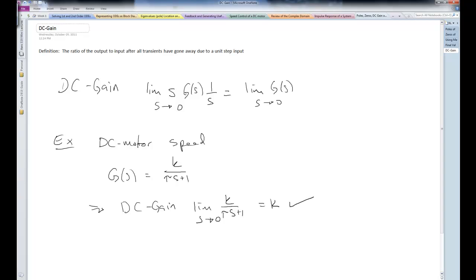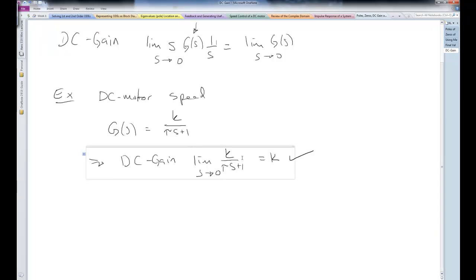So that's one reason this is called the motor gain constant. Notice in the previous example for the final value theorem, we got the same kind of result. That's particularly in this example, but as long as the transfer function g of s has stable poles, or poles in the left half of the complex plane, then I can take this limit via the final value theorem and find the DC gain.